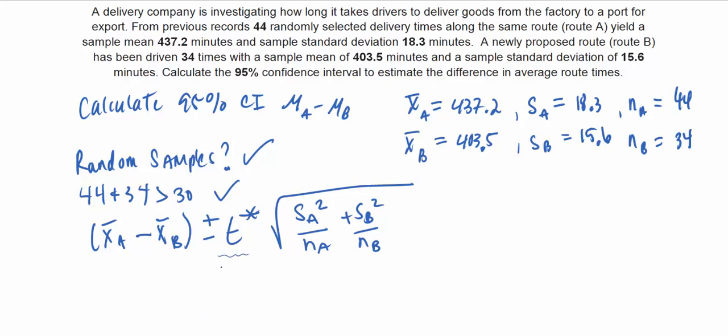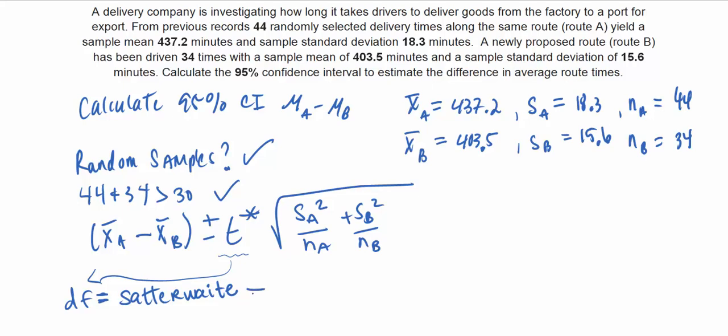So there's actually two ways in which we can calculate our degrees of freedom. If we need to calculate the degrees of freedom and we're doing a two-sample procedure, then the approximate degrees of freedom are the Satterthwaite degrees of freedom. This will give us a more precise estimate.